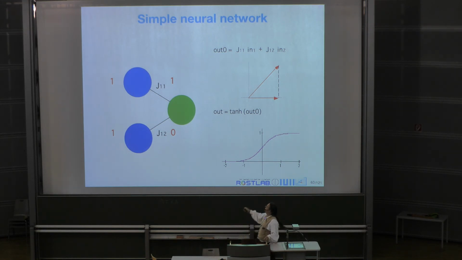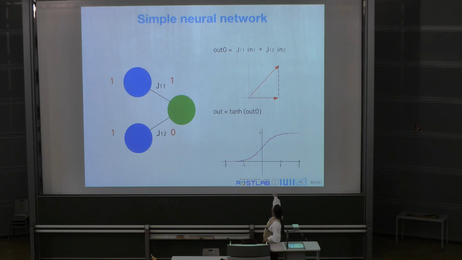Now, what the first part here does is you have two vectors. You essentially multiply two vectors, and what you do essentially is you project one vector onto another. Geometrically, that's what this machine here does. The input to here is just a projection of a vector.